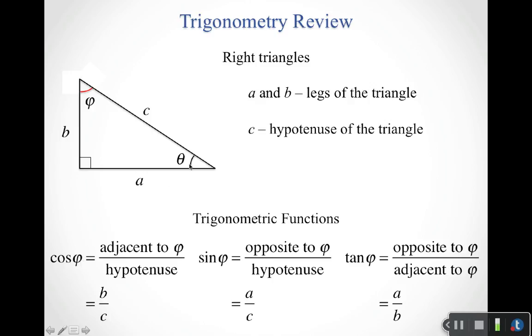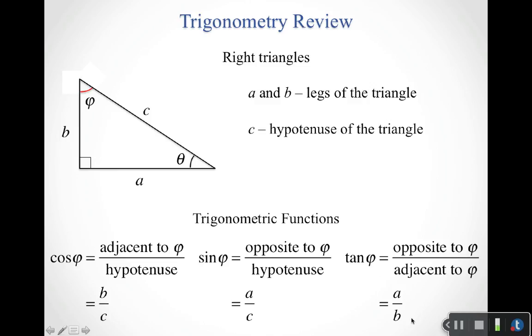One is the cosine of phi is exactly the same as the sine of theta. And the sine of phi is exactly the same as the cosine of theta. So basically by choosing the other angle, I've switched the sine and the cosine.